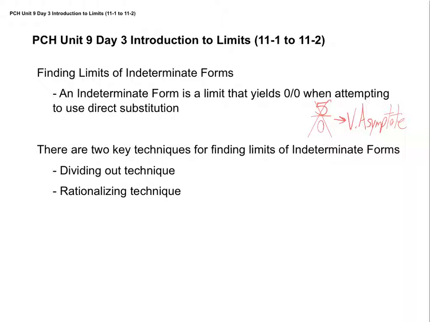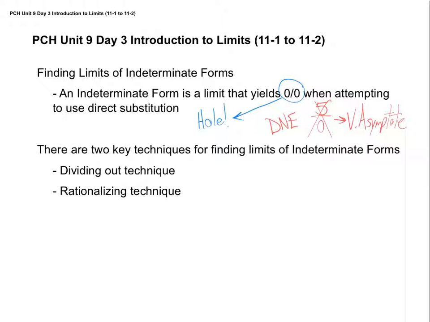Okay? That's not an indeterminate form. That actually is going to be a case where the limit does not exist. We're looking at the case where you get 0 over 0, and that's a time where you get a hole.